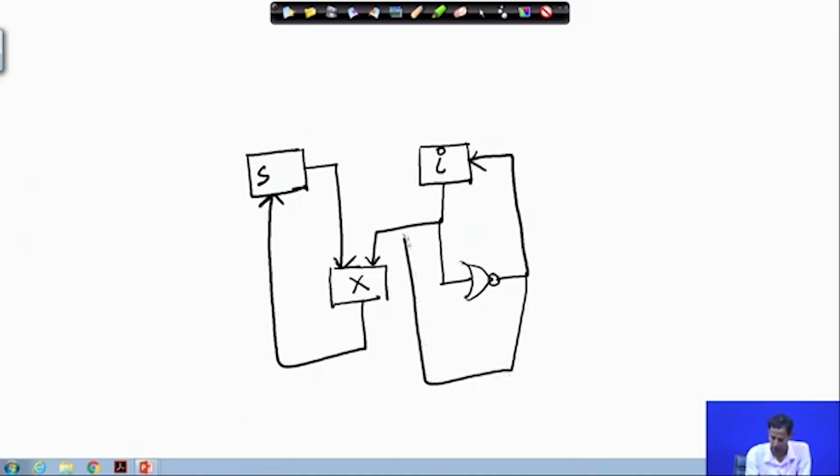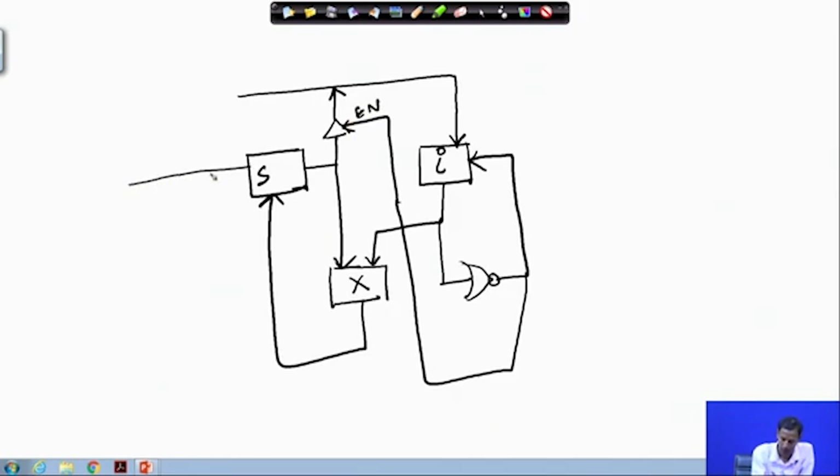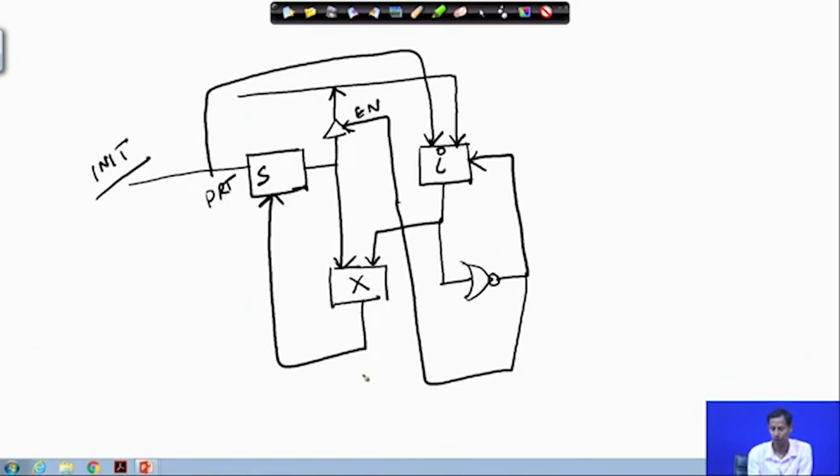I also need another control signal, the initial signal; here it will be a preset.